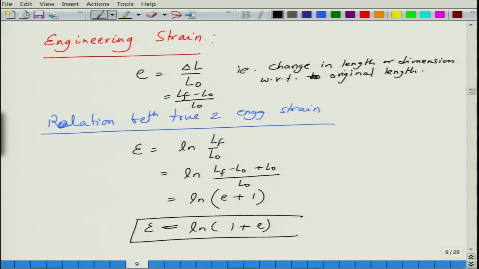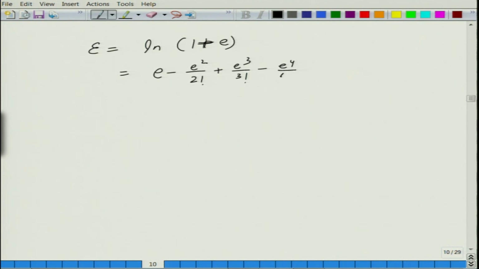As it is always expressed, this is the relationship between true strain and engineering strain. Since epsilon is equal to ln of 1 plus E, if we do the series expansion, then we can write this as E minus E square divided by factorial 2 plus E cube by factorial 3 minus E to the fourth by factorial 4 and so on and so forth.